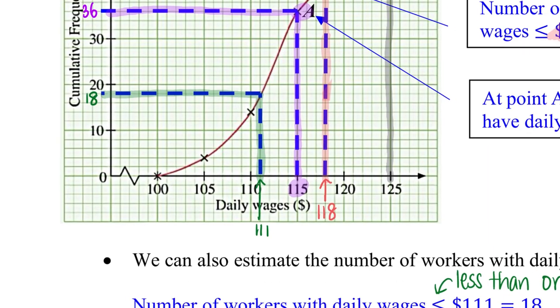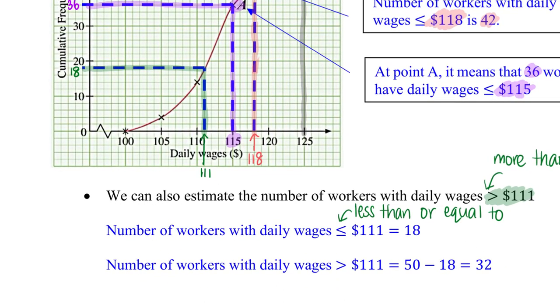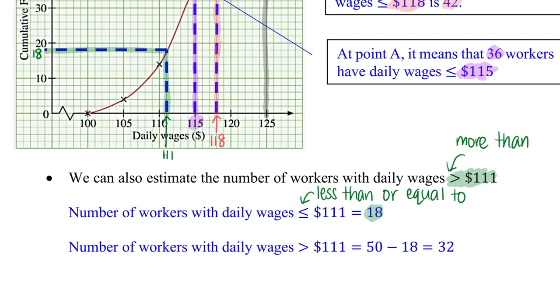So this 18 basically means that there are 18 workers having a daily wage of less than or equal to $111. Then if I want to find more than $111, how do we go about doing that?